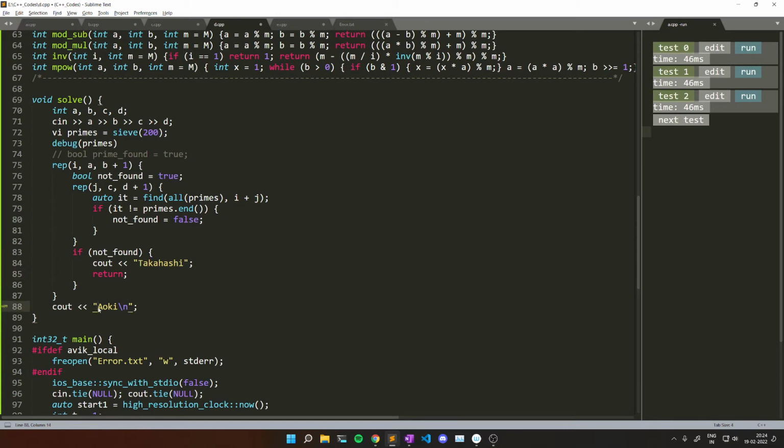Otherwise at the end I print Aoki, because Takahashi did not find any I in the range A to B for which there does not exist a single J such that I plus J is prime.